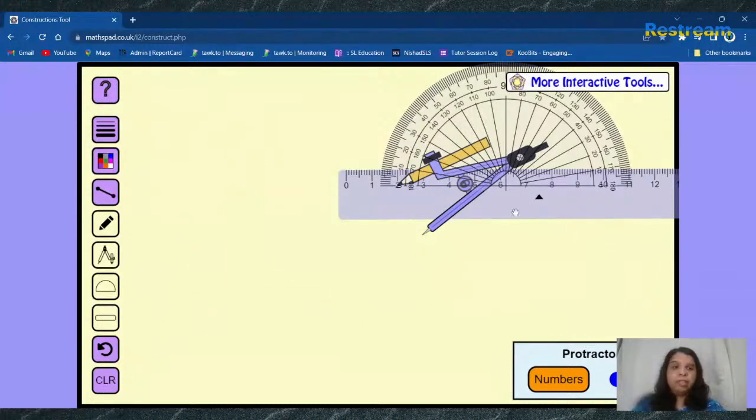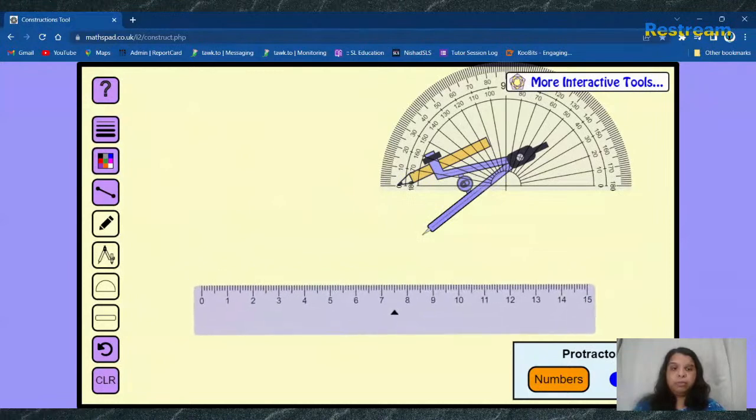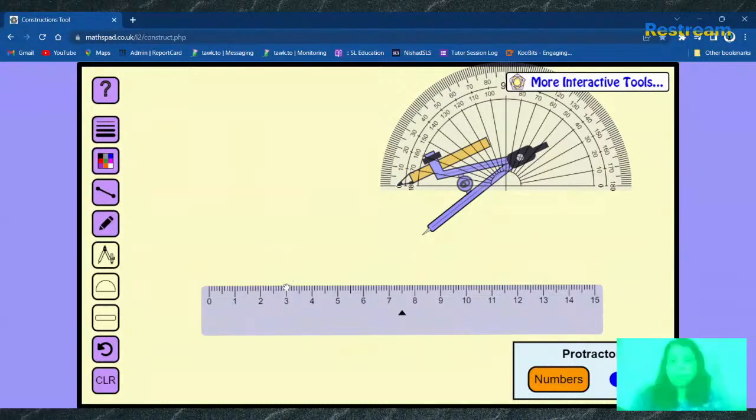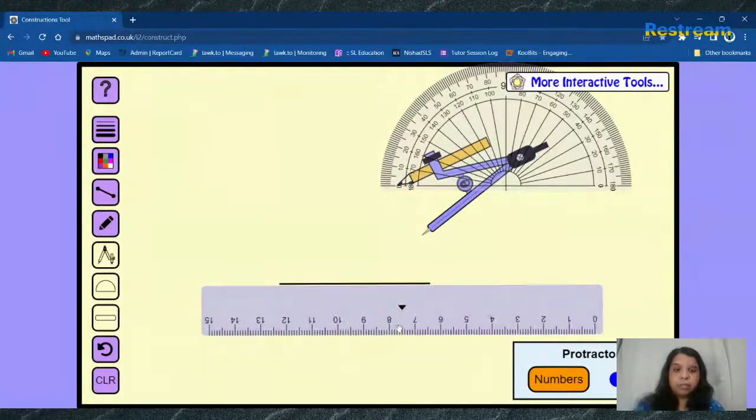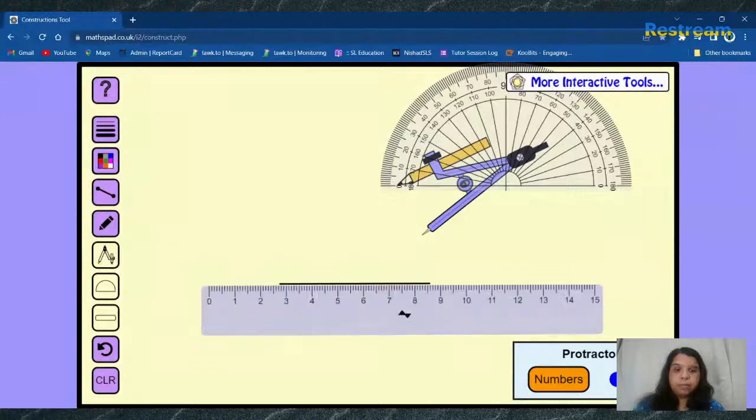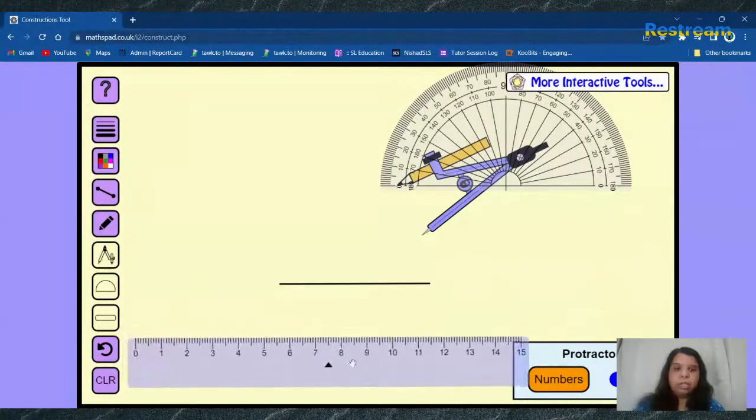So let's clear everything and take our beautiful ruler here. I can't control the opacity of this ruler, but you can control the opacity of your ruler, so make sure it's transparent. Okay, now take this over here.